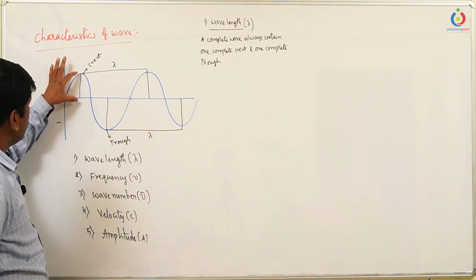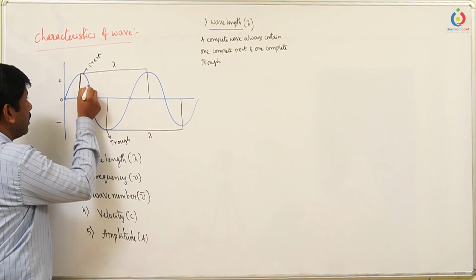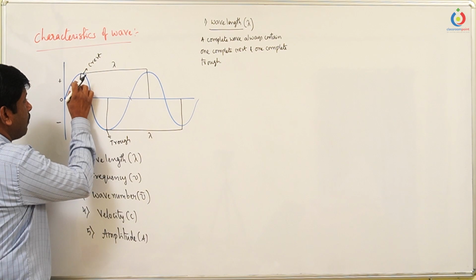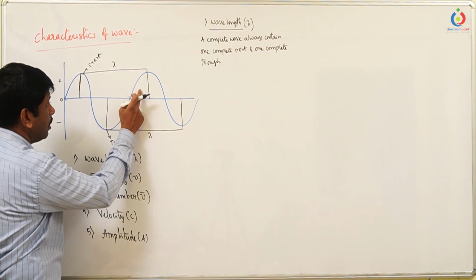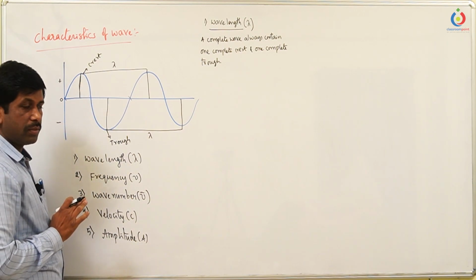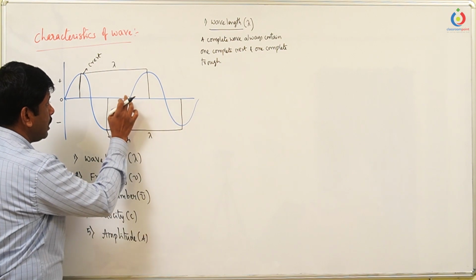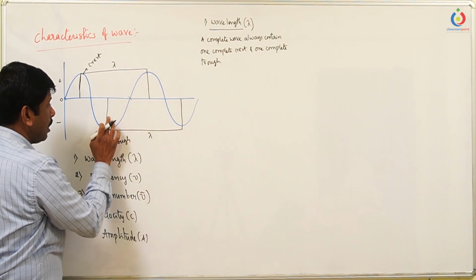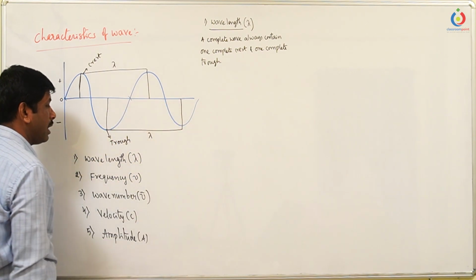Here you see this much crest we have taken to calculate the wavelength, and this much we left. So whatever crest we left, we added here, so that's why it becomes the complete crest. If you take the troughs here, from here to here, see here the crest is there completely, then half of the trough we are taking from here and the remaining half we are taking from here.